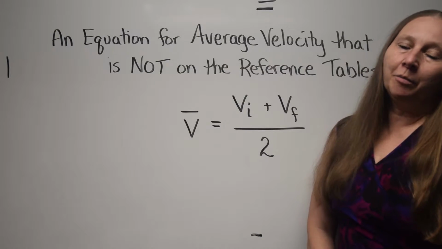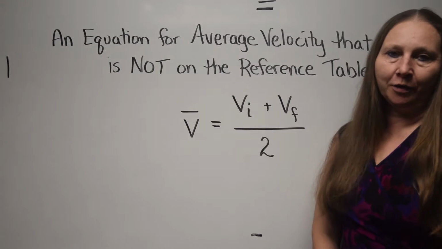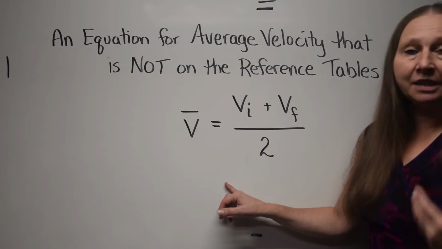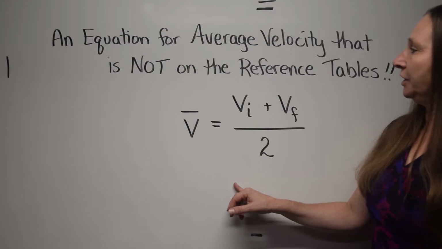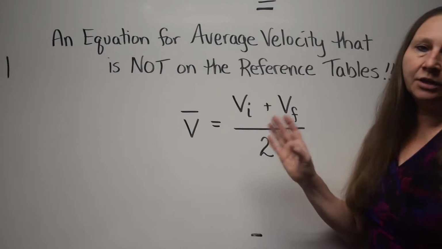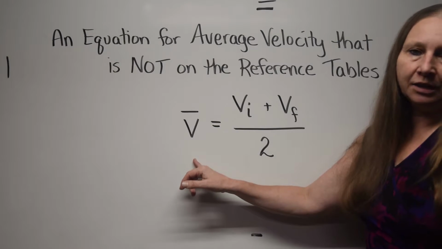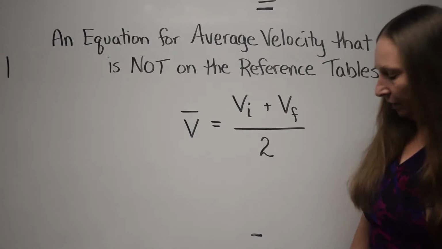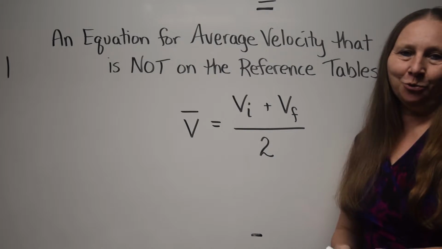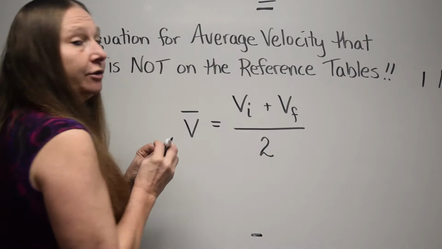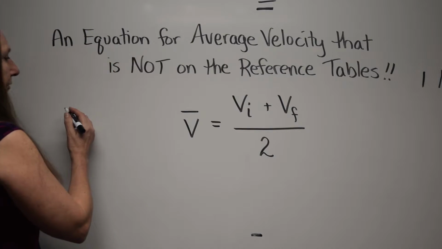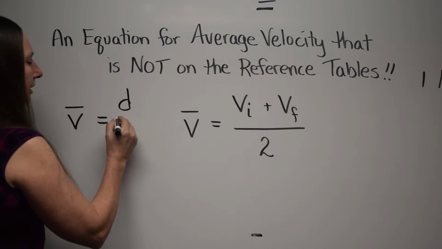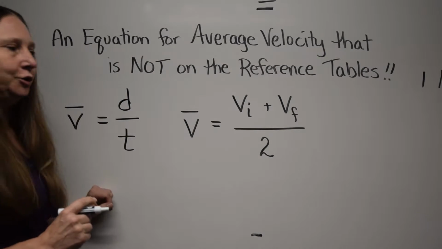Keep in mind there are many equations that are very useful, but they're not on your reference tables. One example is a second equation for average velocity. This equation is not on the reference tables. Average velocity is equal to the initial velocity plus the final velocity divided by 2. Now, the equation for average velocity that is listed on your reference tables, if you recall, is the total distance divided by the total time.